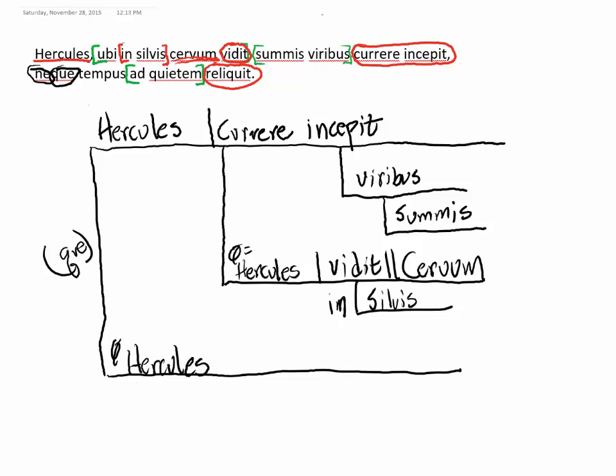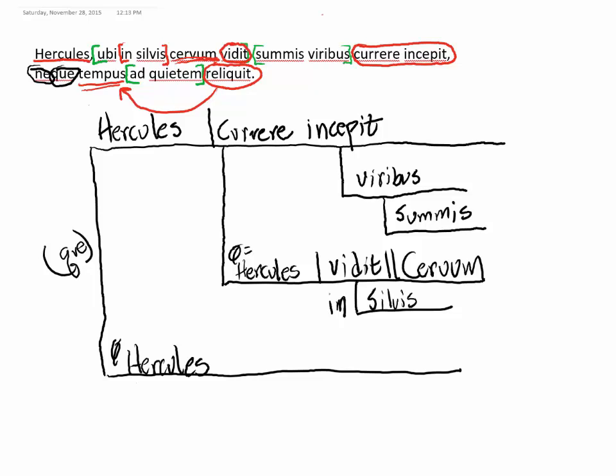So the main thing is that we've already got something that's functioning as a very clear subject. Also, Hercules is not ambiguous as to its case. Hercules can only be nominative. It's never going to be accusative or anything else, whereas we know that tempus can be either one. So the likelihood here is that tempus is accusative, and it's the direct object of the verb reliquit.